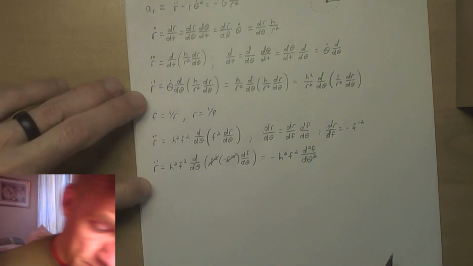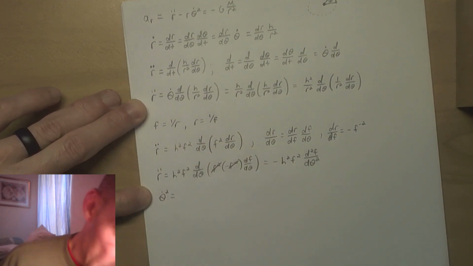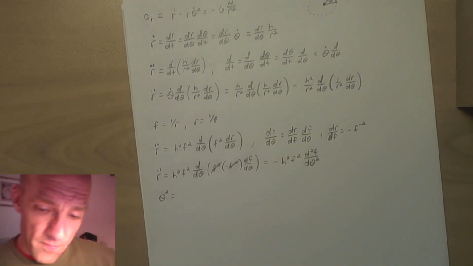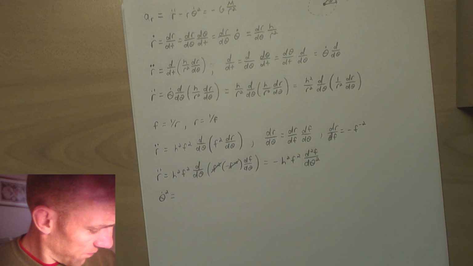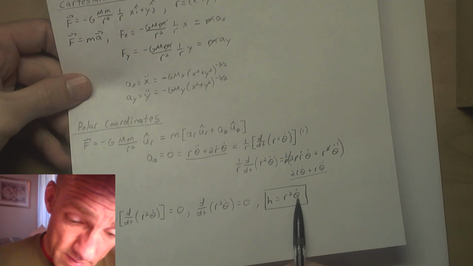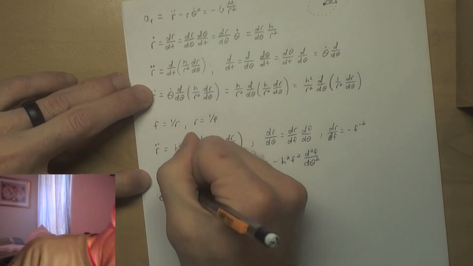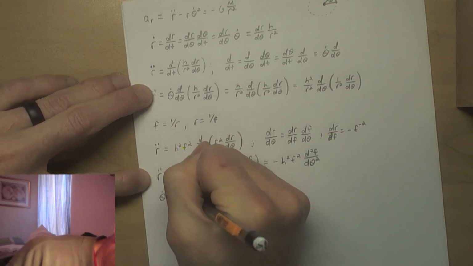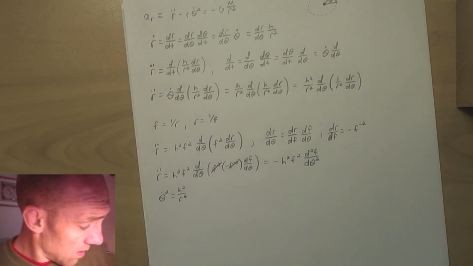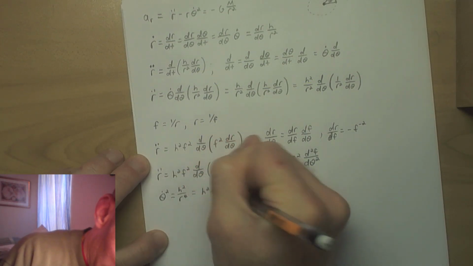It's pretty straightforward, just like we've been substituting in h over r squared for all these theta dots all over the place. So theta dot is h over r squared, so theta dot squared would be h squared over r to the 4th, and that equals h squared f to the 4th.